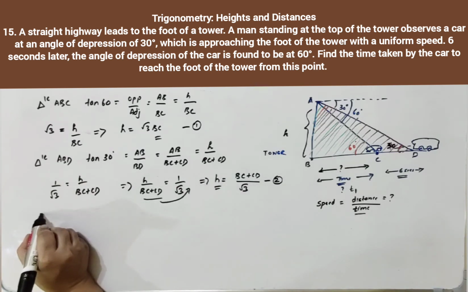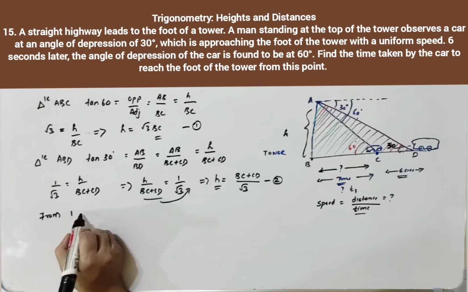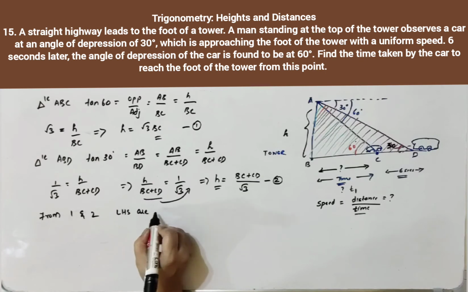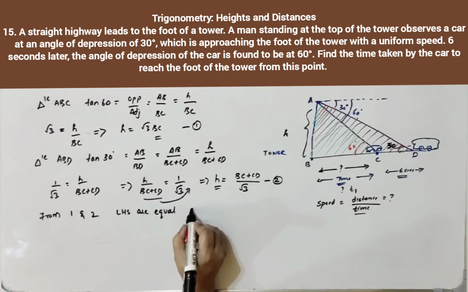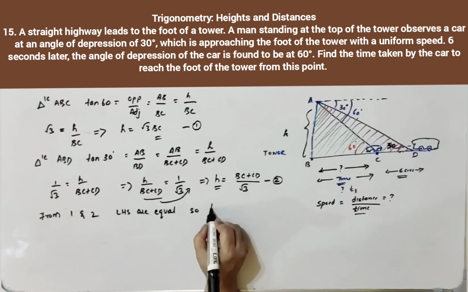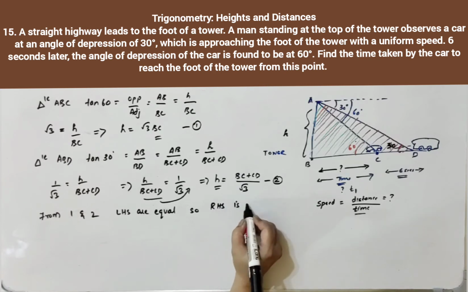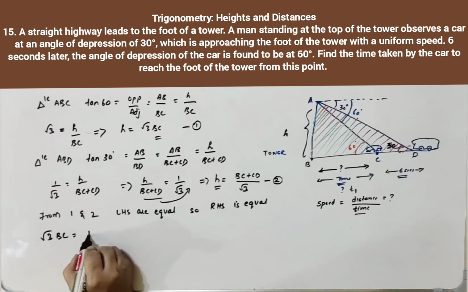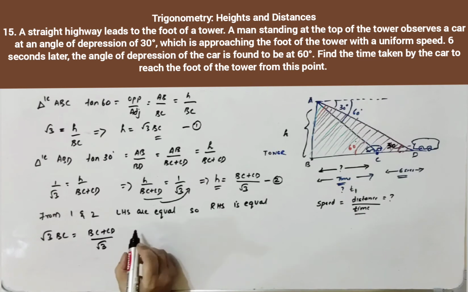So if LHS is the same, then the right hand side also has to be the same. So from 1 and 2, LHS are equal, so RHS is equal, which is nothing but root 3 BC is equal to BC plus CD by root 3.